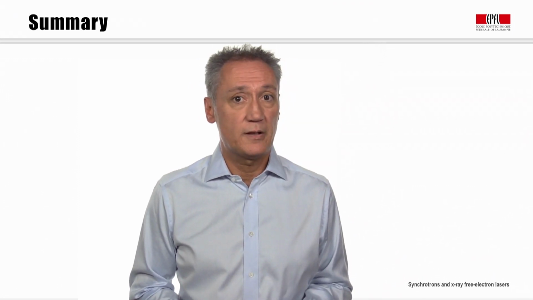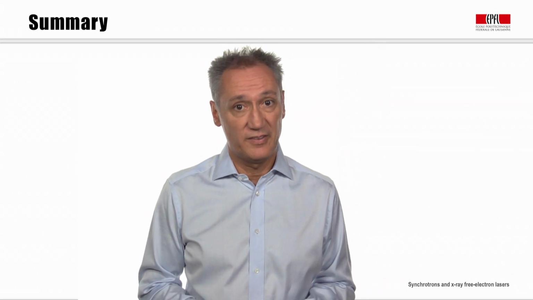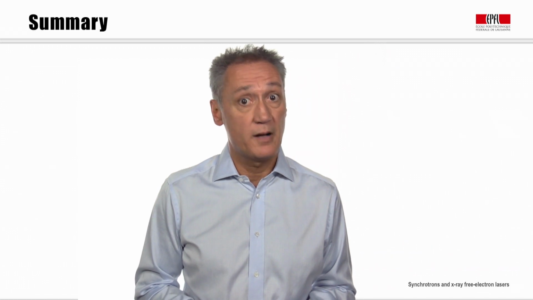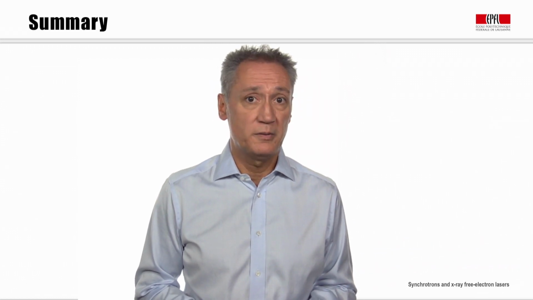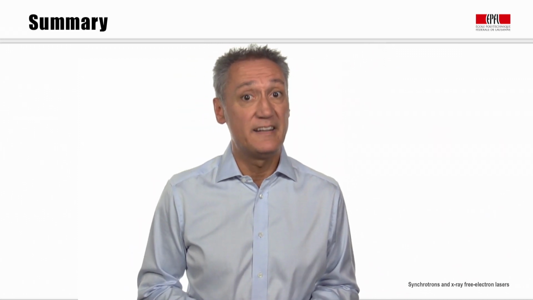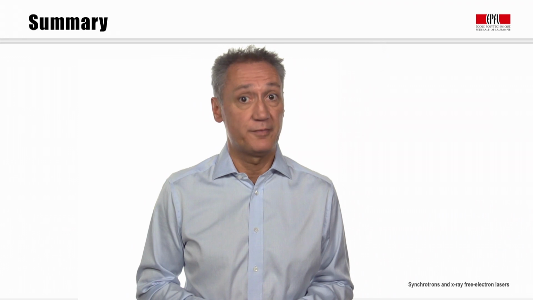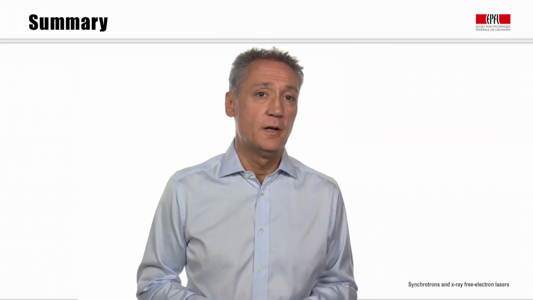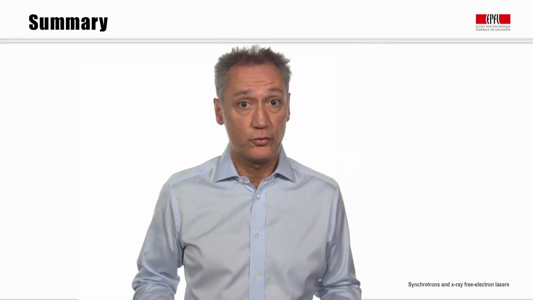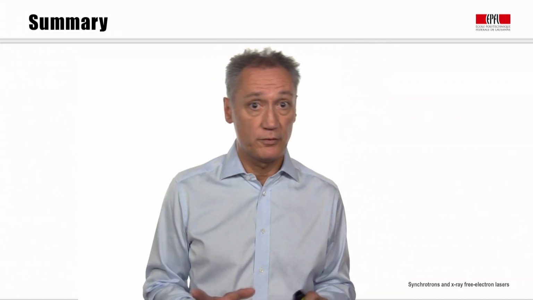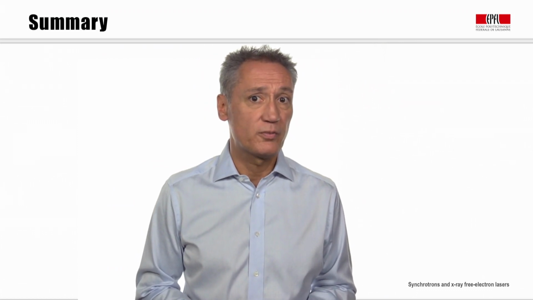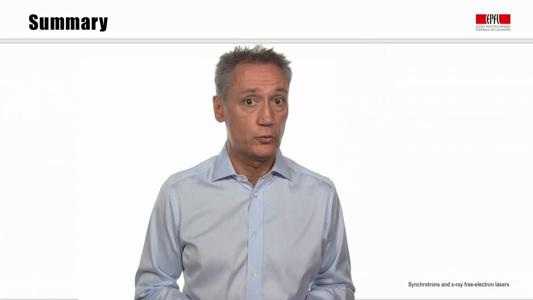The characteristic or critical frequency omega c and the associated energy Ec, equal to h bar omega c, were determined and shown to depend on the square of the storage ring energy and linearly with the bending magnet field strength. The radiative power generated by bending magnets, and thus by the whole storage ring, excluding other components such as insertion devices, was determined and shown to be a small fraction of the power stored within the ring.